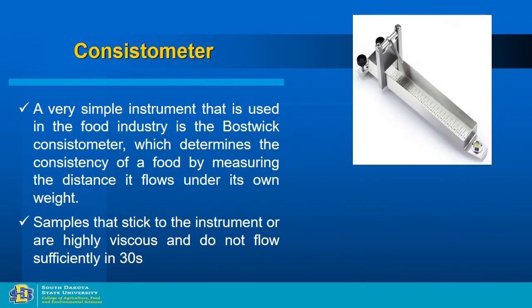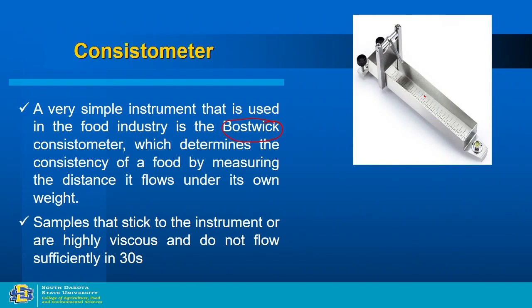Now let's look at some of the viscosity measuring instruments. This one is a consistometer, primarily a Bostwick consistometer or Bostwick viscometer. It is a very simple instrument in the food industry, which determines the consistency of the food by measuring the distance it flows under its own weight.